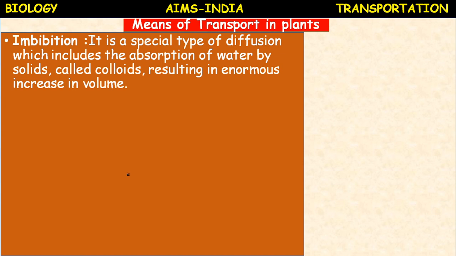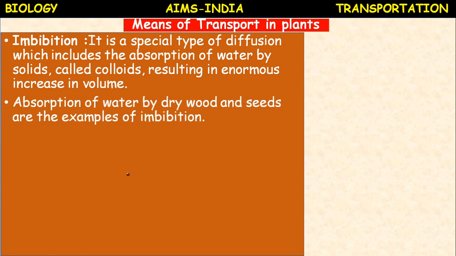Here a solution is not formed. The solid substances or adsorbents which take part in imbibition are called imbibants. For example, seeds and dry wood. Absorption of water by dry wood and seeds are examples of imbibition.